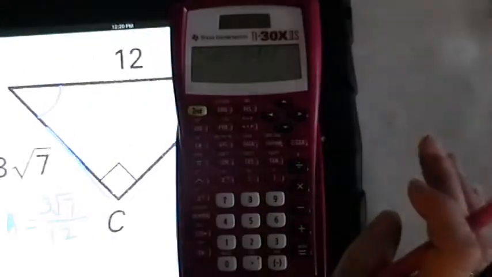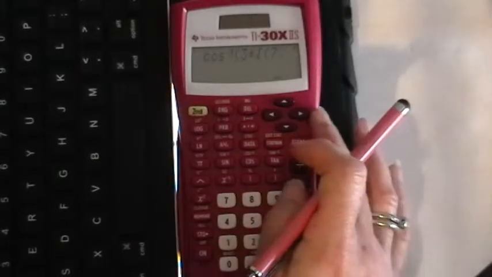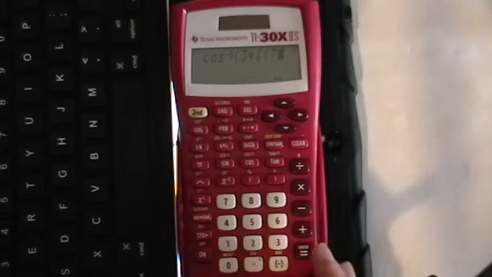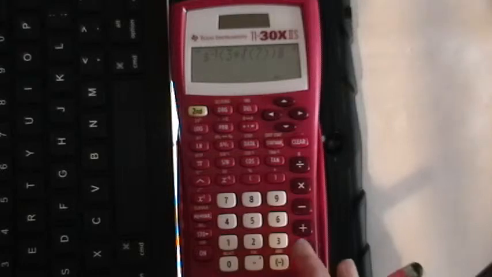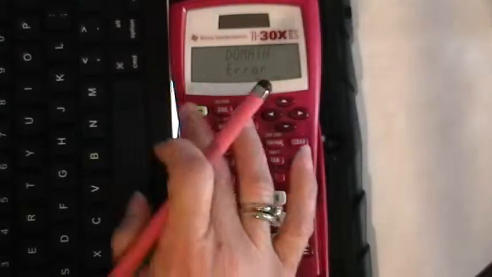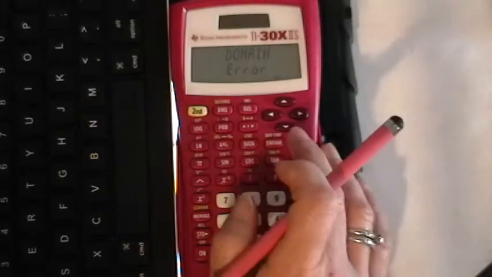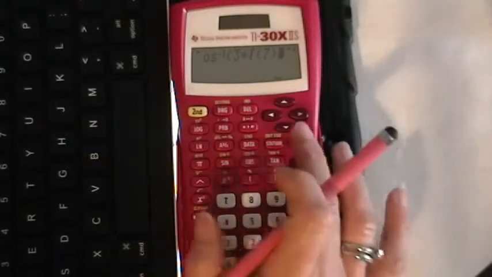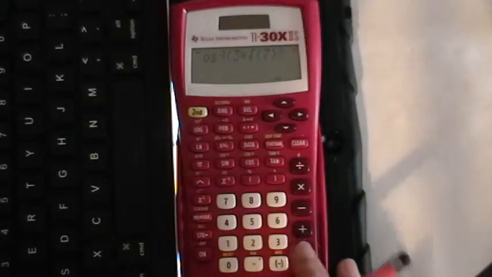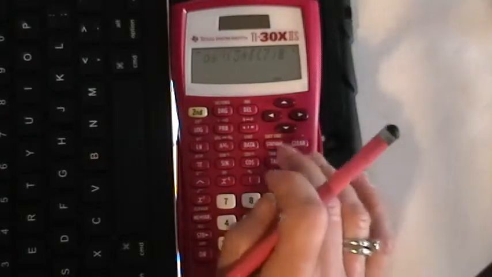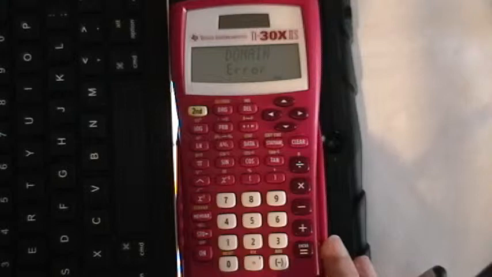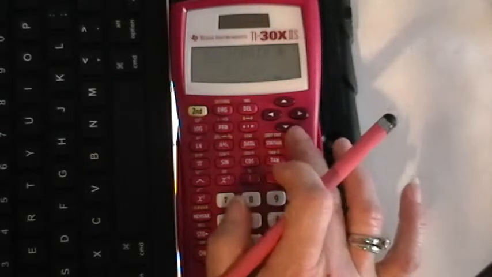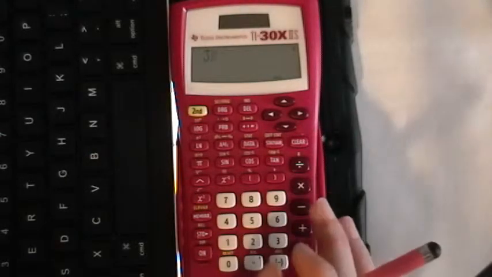The square root of 7, 3 times the square root of 7. Okay. Let's end the parentheses there. Domain error. Clear. This is good for you to see what to do. It's good for me to remember what to do. It's giving me a domain error every time.